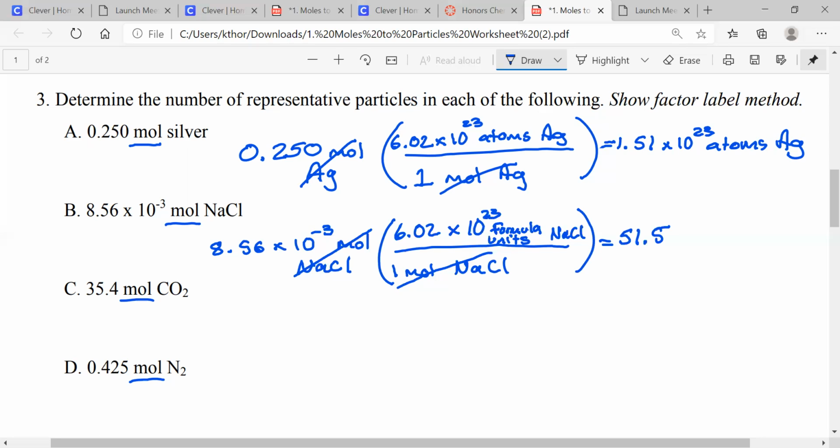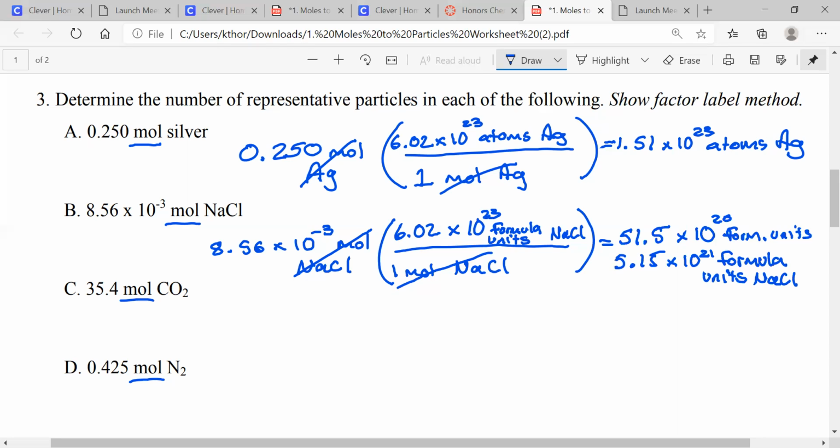And you have negative 3 plus 23, which is going to be times 10 to the 20th formula units, but we're not done because it's not proper scientific notation. So we're going to make it 5.15 times 10 to the 21st formula units of sodium chloride.